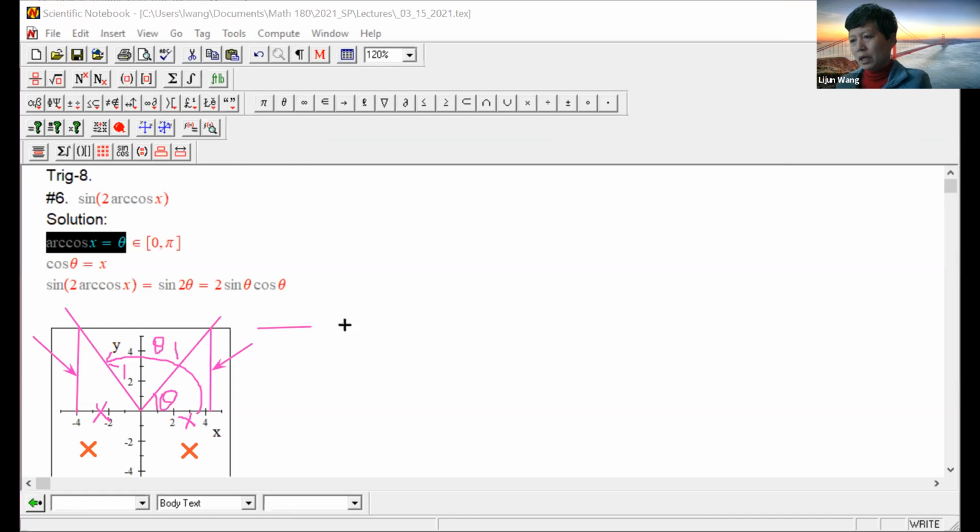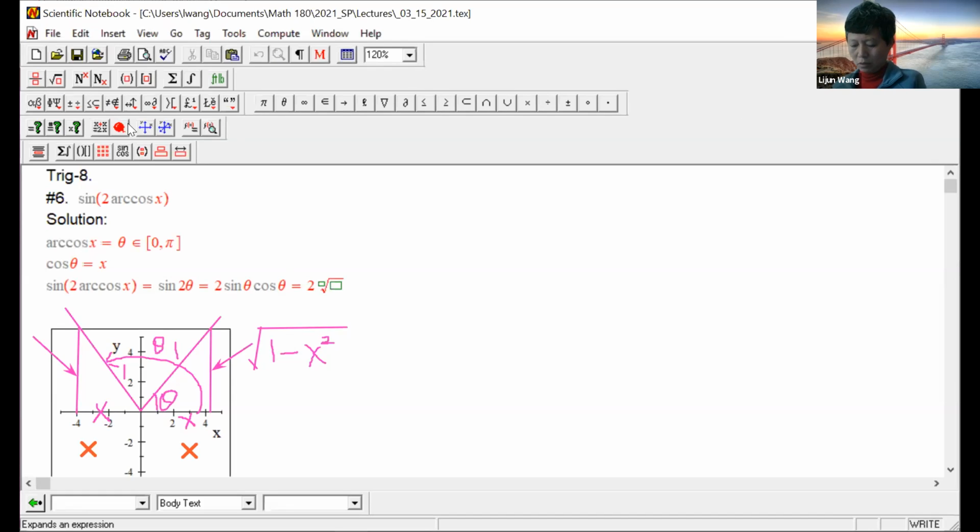So this side is the square root of 1 minus x squared, and then you just plug in. 2 times sine theta, that's the square root of 1 minus x squared, and cosine theta is x.